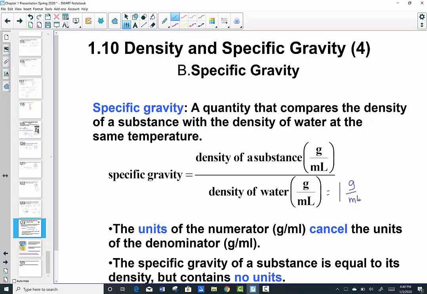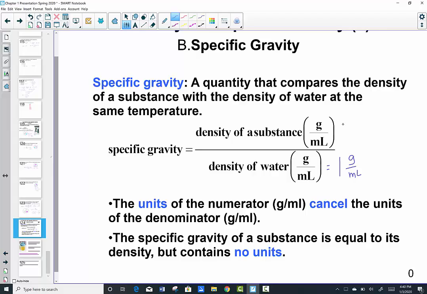So the units cancel. The units in the numerator, the top number, cancel with the denominator, the bottom number. If I have a gram per mil set over a gram per mil, they simply cancel. So specific gravity has no units. It is a unitless quantity.